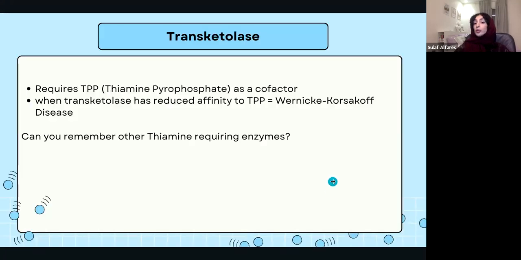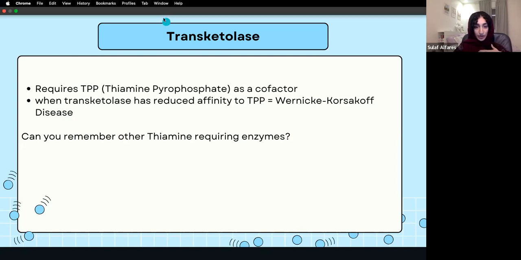Does anyone know the other name for thiamine? What vitamin is it? Just write in the chat if you remember which vitamin. Okay, no, actually it's not 12.